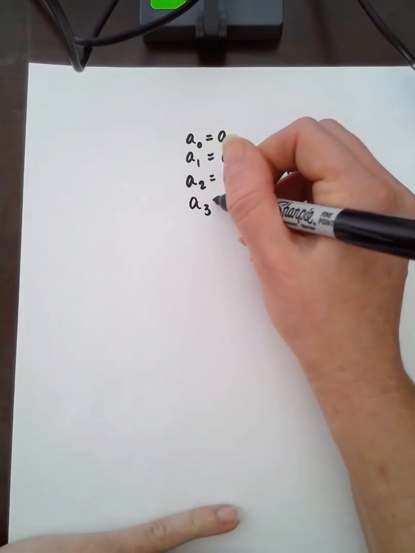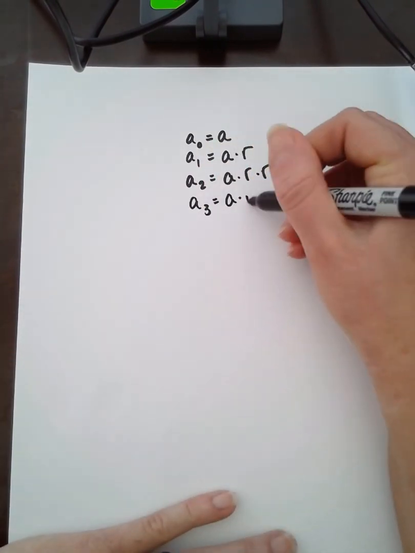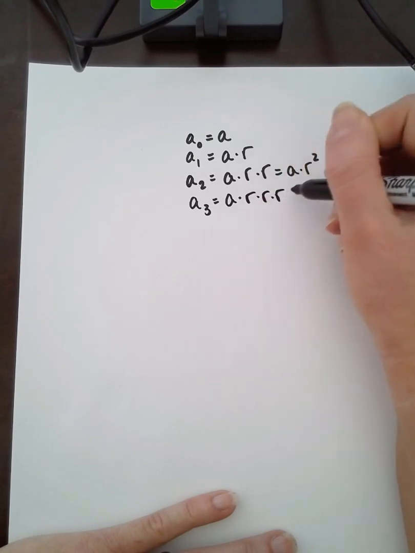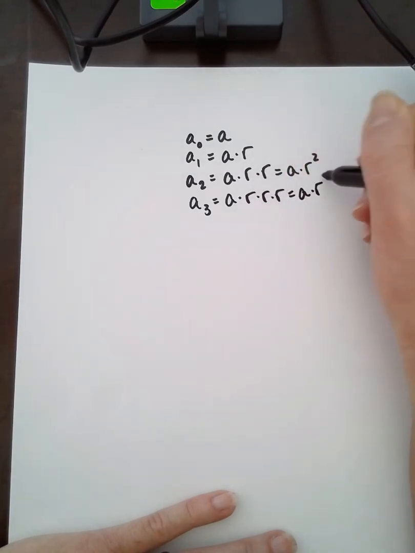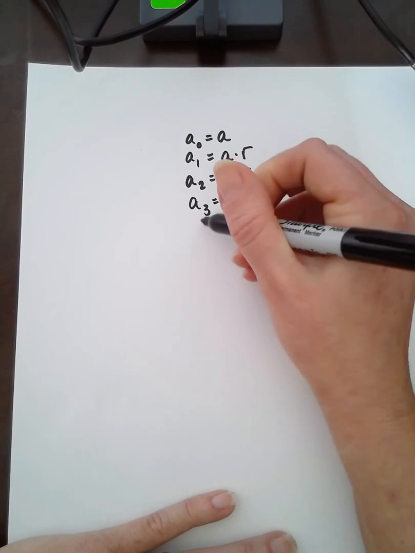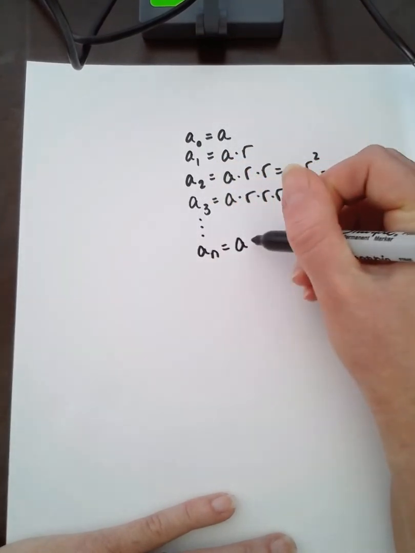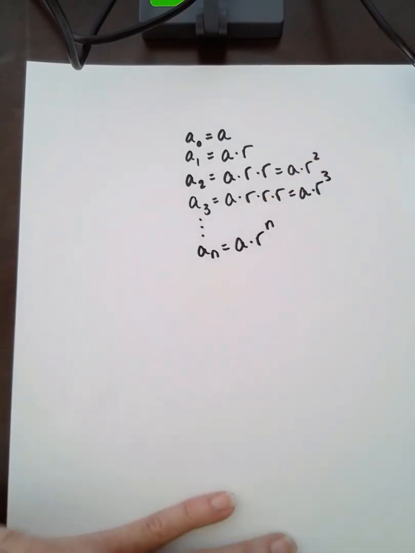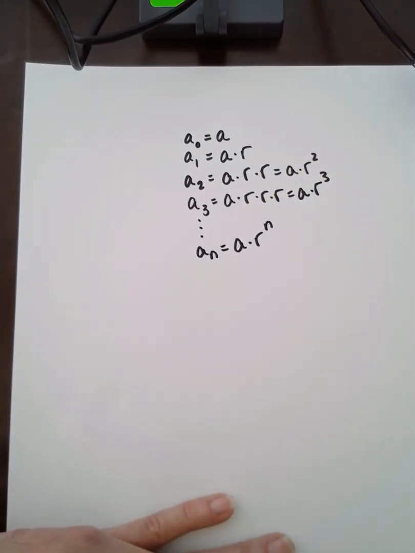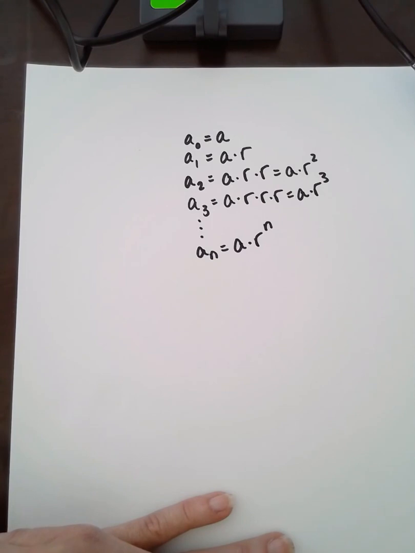A sub 3 would be a times r, 3 factors of r, which is a times r cubed. So this pattern will continue all the way to a sub n, which will be a times r to the nth power. So these are what the terms of our sequence look like.